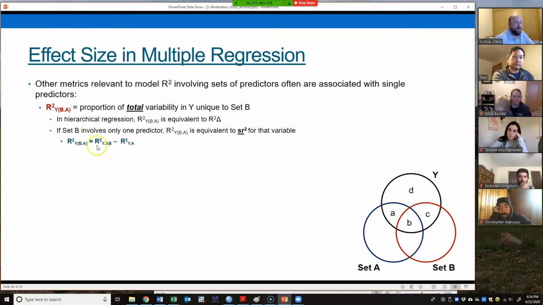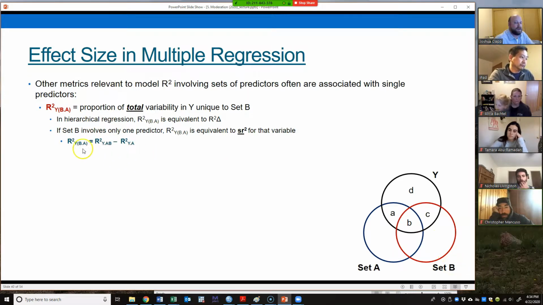Now, if set B is only one predictor, then this R squared Y for B given A is equivalent to my squared semi-partial correlation for that variable, right? So if set A is just one variable and set B is just another variable, this coefficient is just going to be C relative to all of this, and that's my squared semi-partial correlation for that predictor.